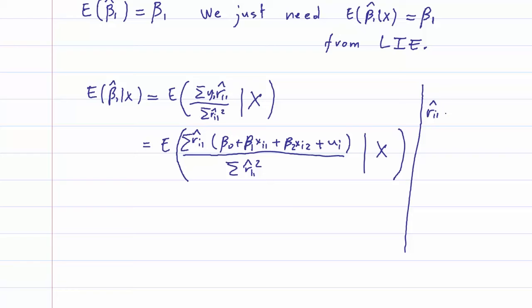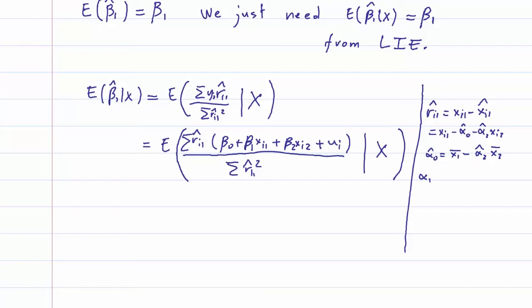And just ri1 here, it's just xi1 minus xi1 hat. So this is equal to xi1 minus alpha 0 hat minus alpha 2 hat xi2. And alpha 0 hat is x1 bar minus alpha 2 hat x2 bar.